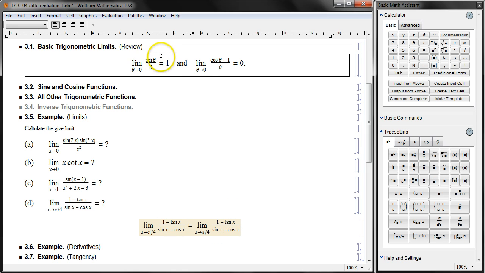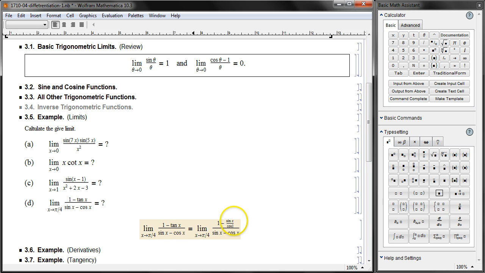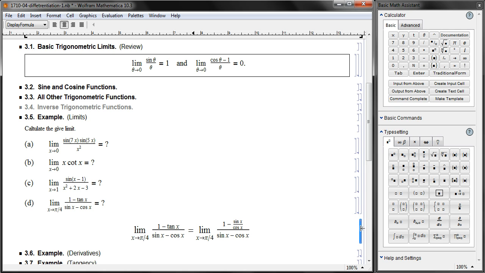We're going to use either this or that, so we have to have some sine or cosine. So let's rewrite this tangent as sine over cosine. Hard to see, so let me expand the font. Okay, and let's simplify.